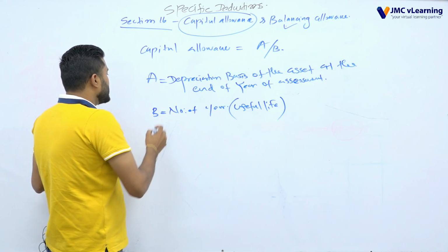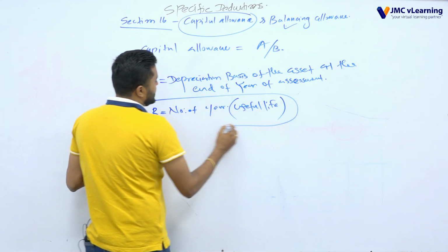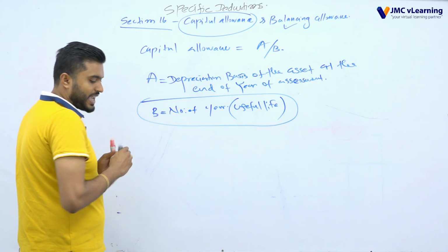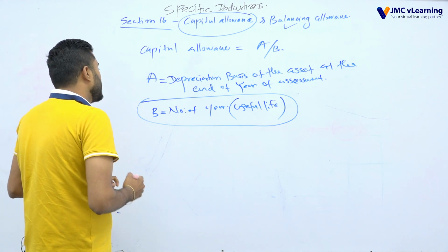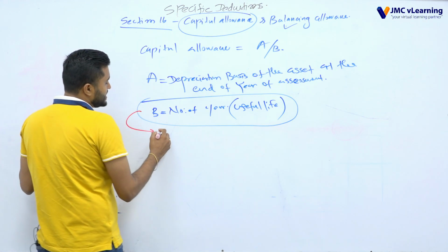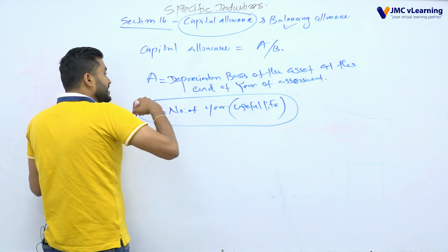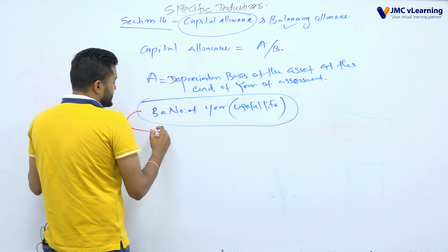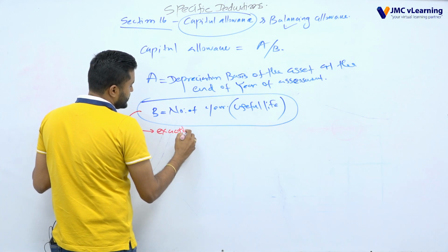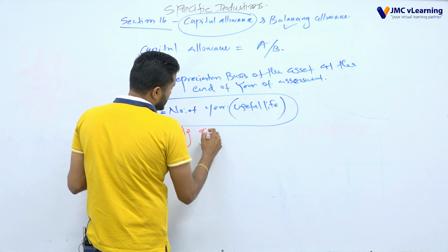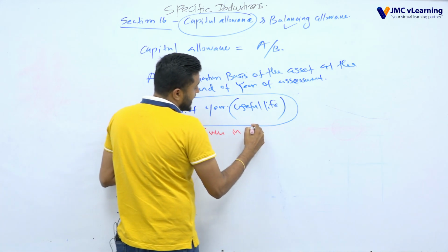When you decide the useful life, the management, the accountant or the manager cannot decide this one. This has been exactly given in the Act.